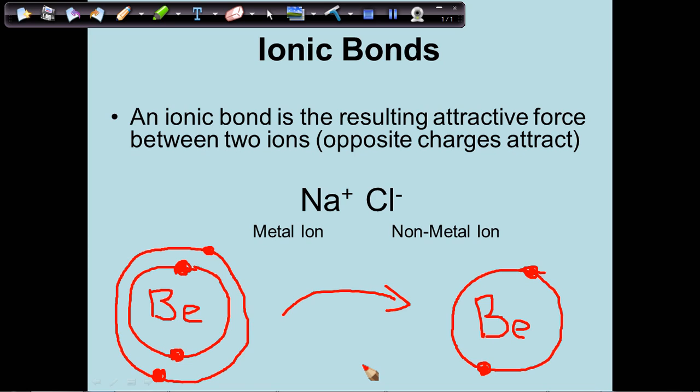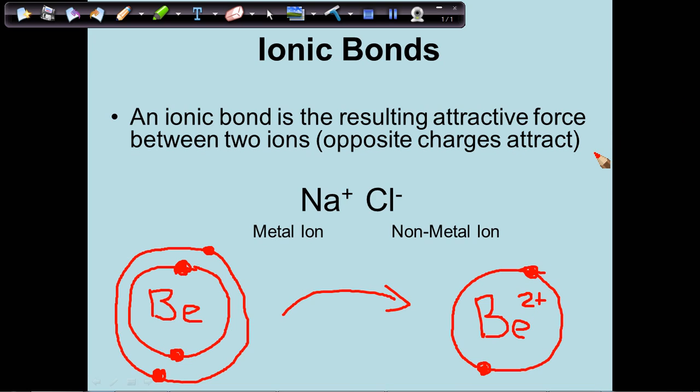Being less negative means it's more positive. So losing electrons, losing negativity makes it more positive, and because it's lost 2, we now say it's beryllium 2+. So that's the ion. This is beryllium the atom. This is beryllium, it's lost those 2 electrons, so overall it must have more protons than electrons now. It's going to be overall 2+.